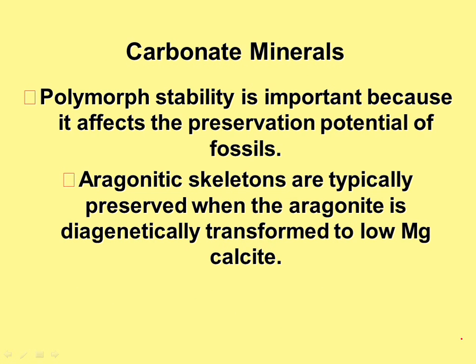And when that happens, that can often destroy the internal structure of the original shell material. So you preserve the overall morphology of the shell, but the internal structure is often lost by virtue of the transformation into low magnesium calcite.